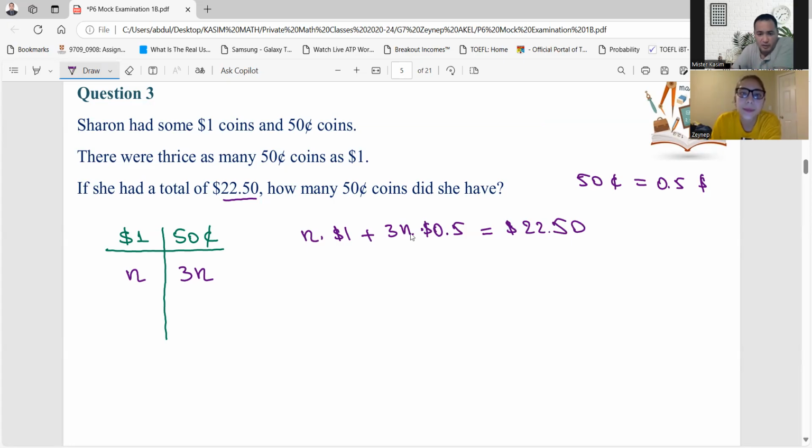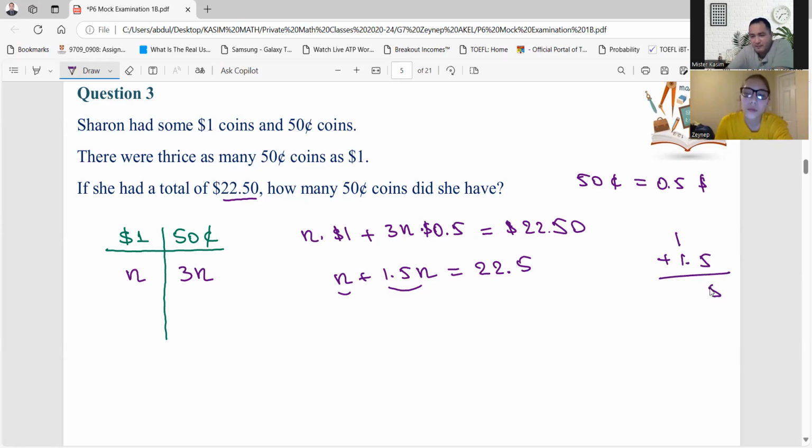And now we'll simplify this. You don't have to write dollar sign. n times 1, it's just n. And it's 3 times 1/2, right? That's equal to 1.5n. On the right-hand side, we have 22.50. And what is 1n plus 1.5n? 1 plus 1.5.